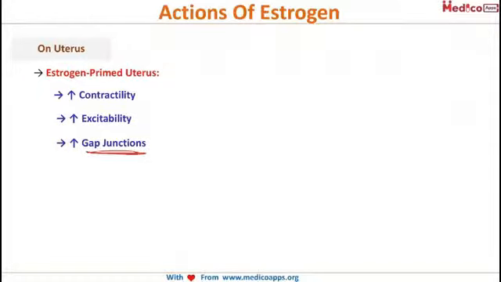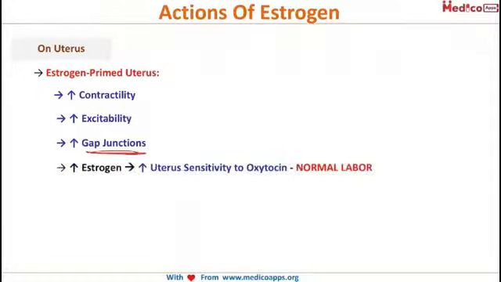And finally, estrogen increases the uterine sensitivity to oxytocin, which is very crucial for the occurrence of normal labor, okay? So, estrogen increases everything, contractility, excitability, the gap junctions as well as the sensitivity to oxytocin, right? To result in normal labor.